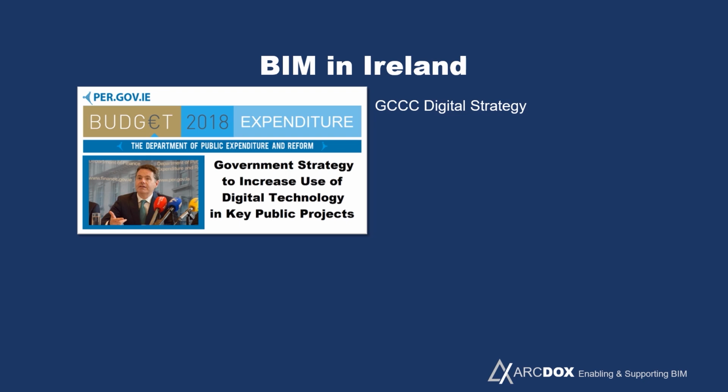So sometime in the next 2 years, you can expect to see BIM becoming mandatory on all public procurement projects, including social housing, schools, hospitals, primary care, roads, etc.